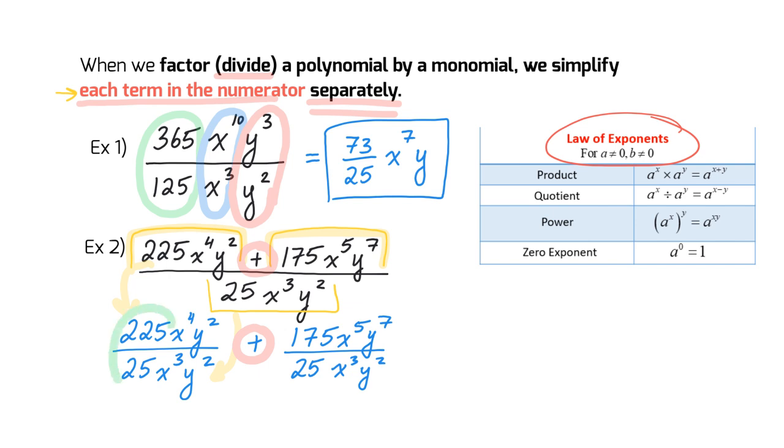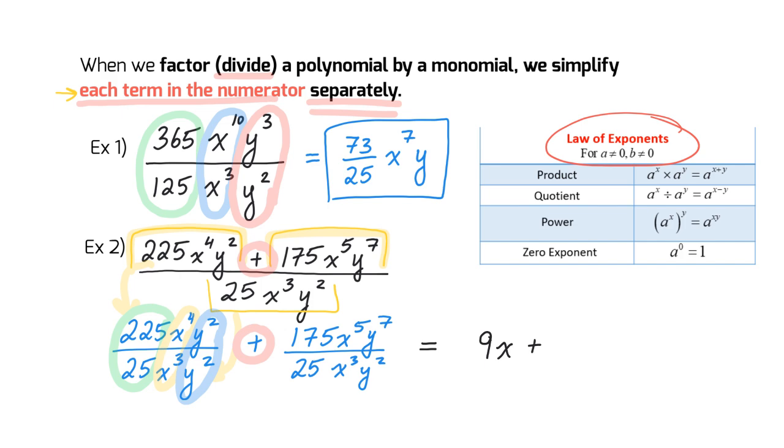So I simplify the numbers and I use the exponent rules to simplify the variables. For my first fraction, 225 divided by 25 is 9. X to the 4 over x to the 3 is just x. And y squared divided by y squared is 1, so I don't really need to write that.